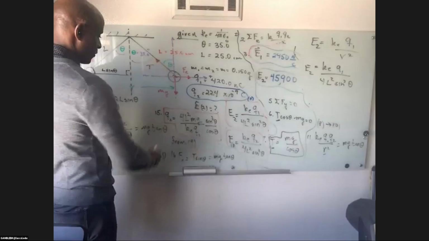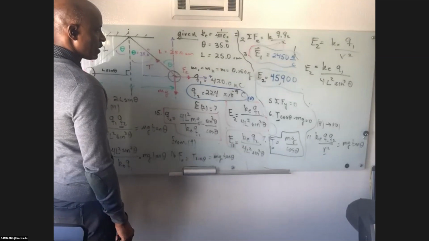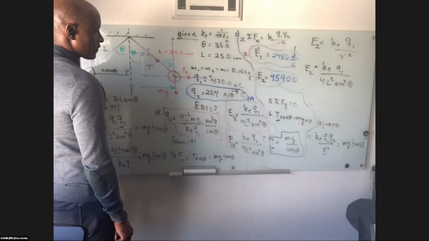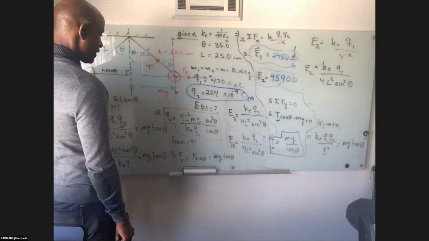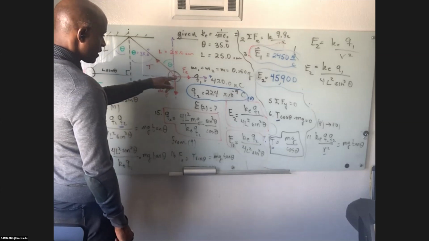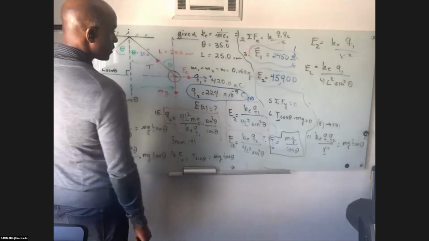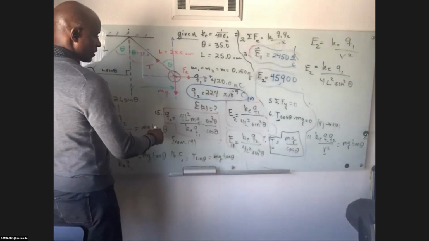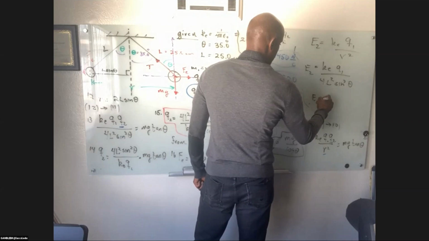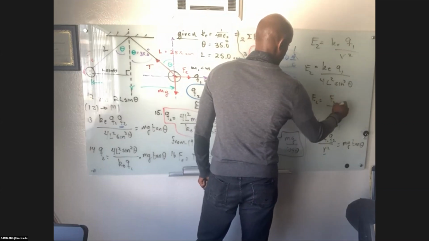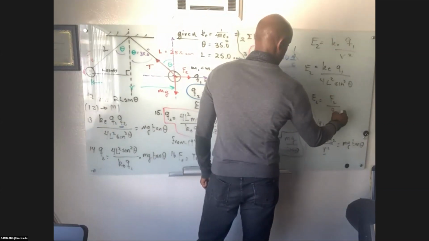We came at it from a different point of view just because we were already working through the problem. We didn't have to use the electric field for a point charge because we had figured out what the force was on that charge. So I used the definition of the electric field, that E2 is equal to the force on 2 divided by charge 2.